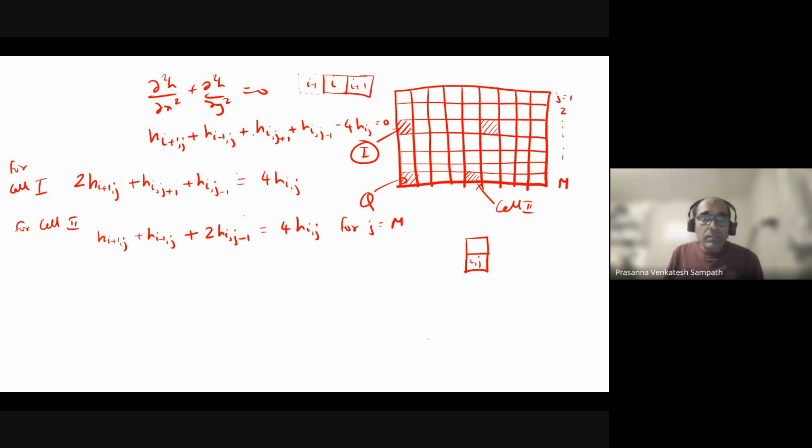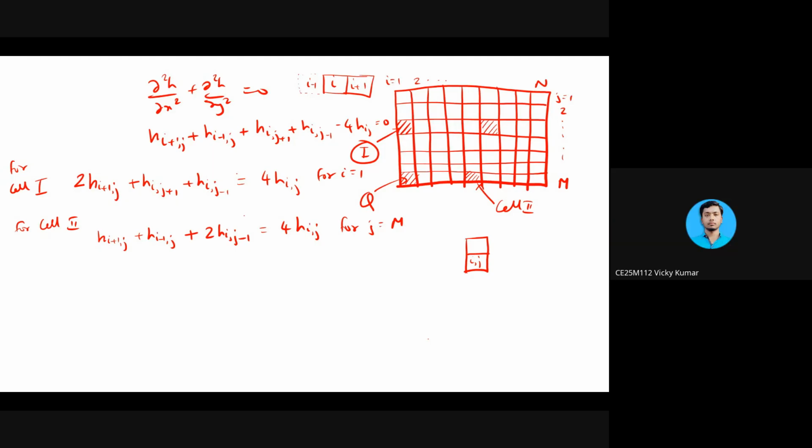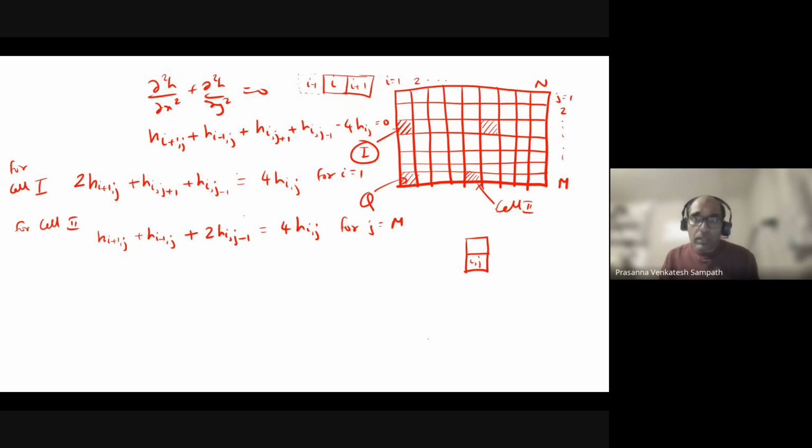And if the cells go from i equal to 1 up to n, this first equation that I wrote is only for those cells where i is equal to 1. Understood? When i equal to 1, i minus 1 doesn't exist. So I did 2 times H of i plus 1, which is column number 2. Is that okay, Vicky? Okay, sir. Okay. Thank you. Okay, so in this cell, there is an i comma j and there is an i comma j minus 1, but there is no i comma j plus 1.